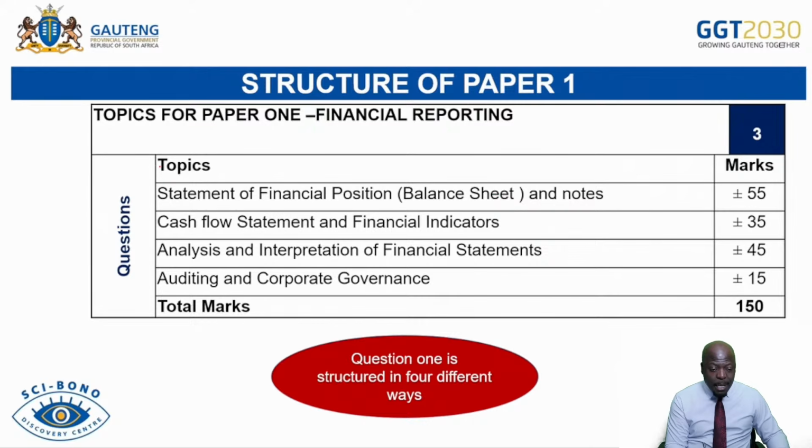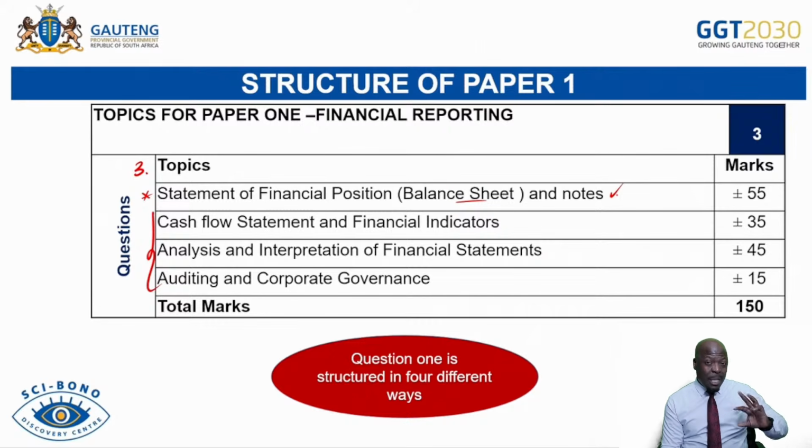Then the third possibility: my bottom 3 remain constant, and this one varies, where you can have the statement of financial position, normally known as the balance sheet, and also notes. You can see this is different from the first 2 as well.